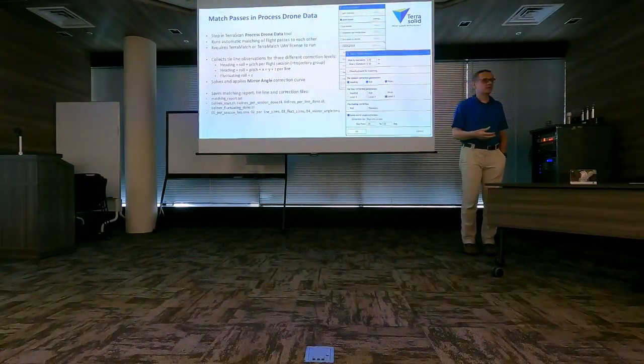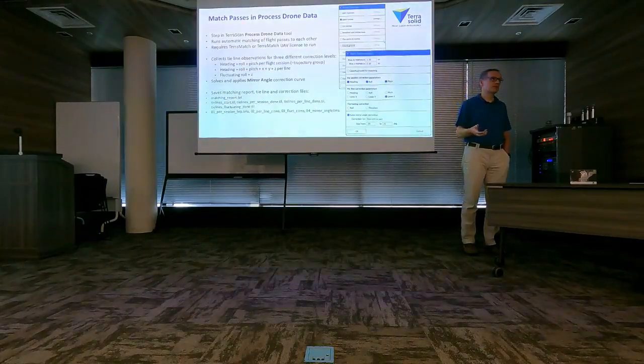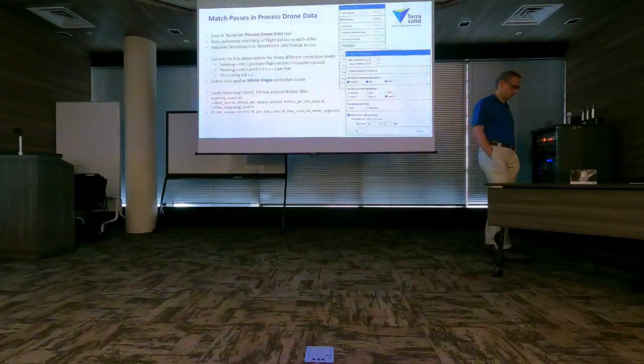It will collect tile line observations and only then be in a position to solve the corrections. So if you end up testing different sets of parameters, then it would be faster to do it more interactively: search tile lines, and then start doing solutions using those tile lines.